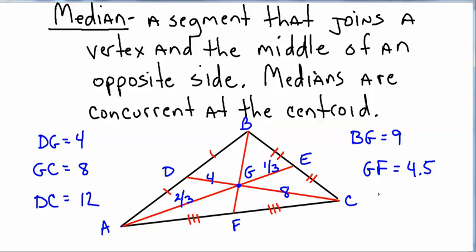And B to F would equal 13.5, because if that's 9, then this has to be 4.5. The smaller piece is half of the bigger piece. See, the 1/3 is half of 2/3.